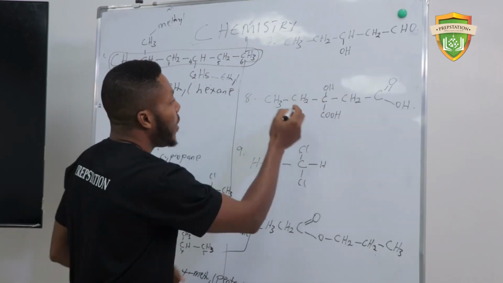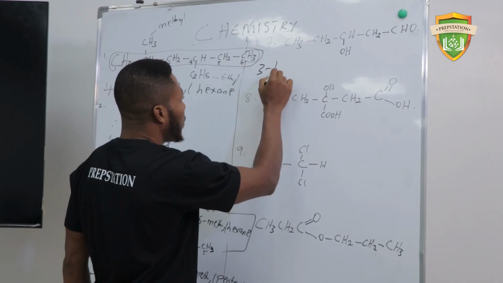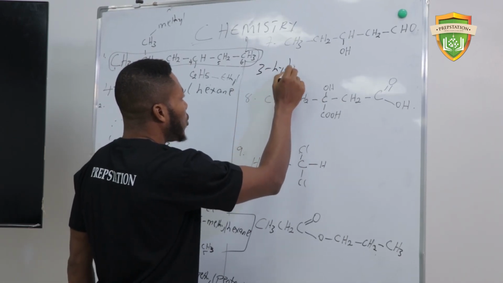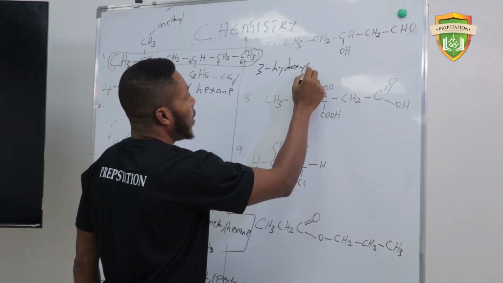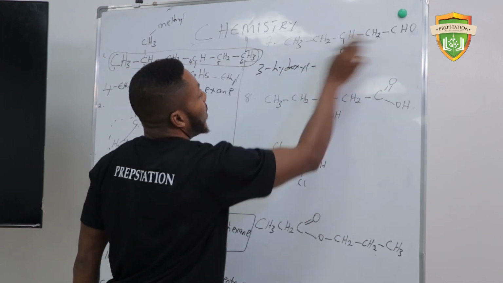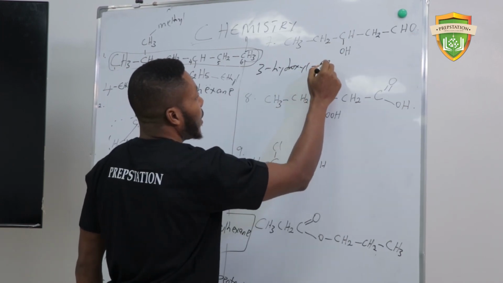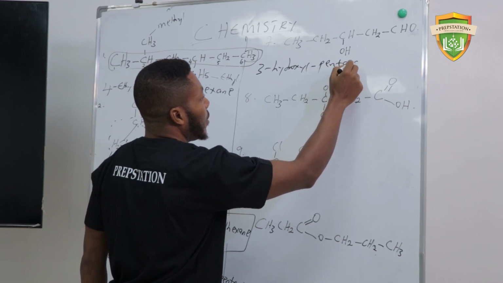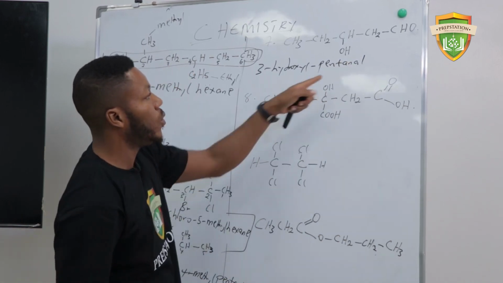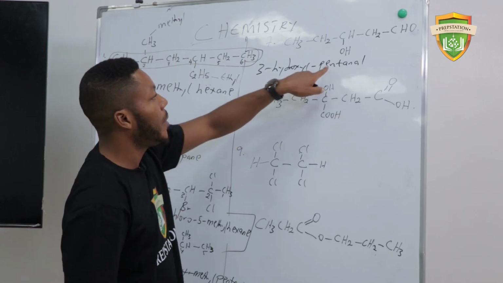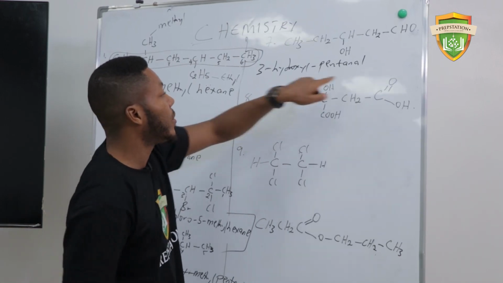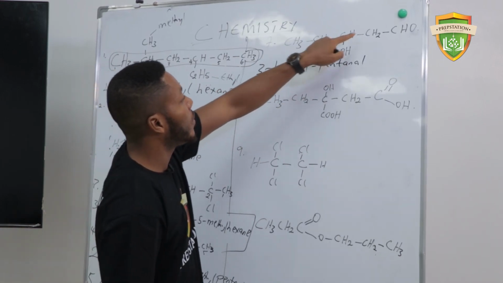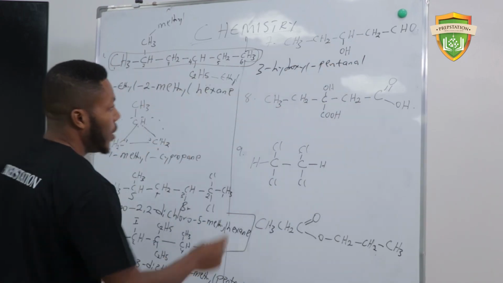So the name here becomes 3-hydroxy, followed by what? The parent carbon, pentanal. Or you can say pent-1-nal. Either pentanal or pent-1-nal. 3-hydroxy, 1, 2, 3, 4, 5, pentanal.